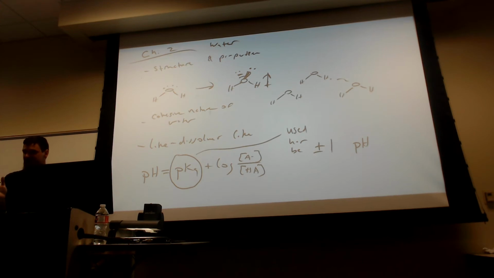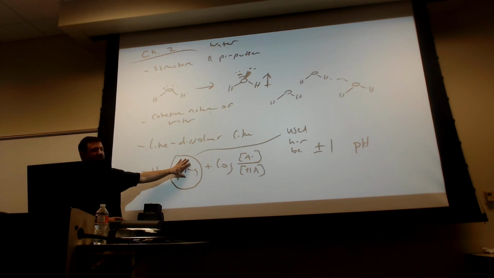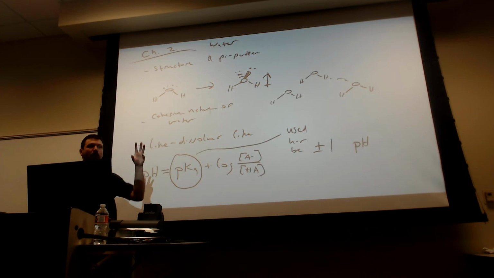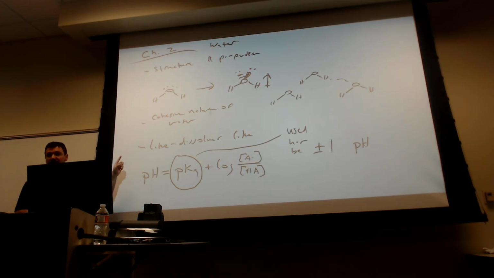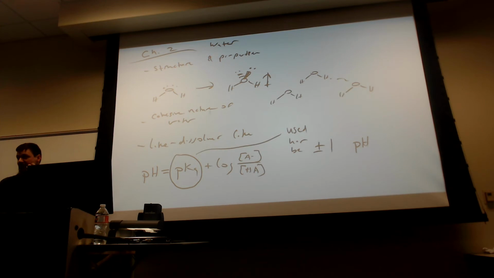Because the buffering region is the pKa plus or minus 1. So when we're figuring out what pKa to use, we say which pK falls within the pH range that we're trying to buffer. You guys all remember that? And so we talked about the titration curves, which you all love so near and dear to your heart, where we look at pH versus hydroxide equivalents.